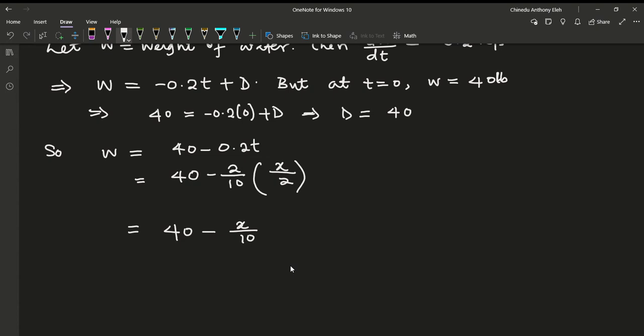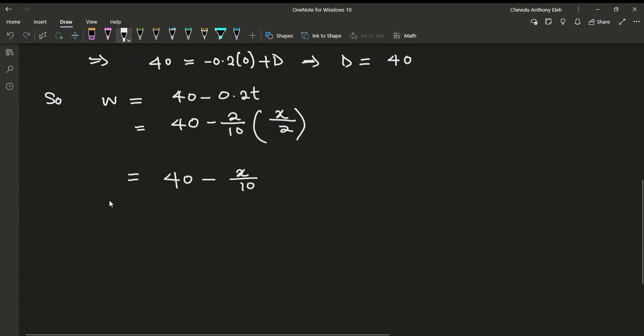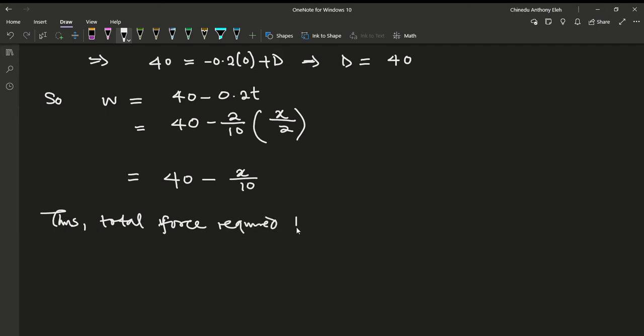Now recall that the total force required to carry a load x feet high.